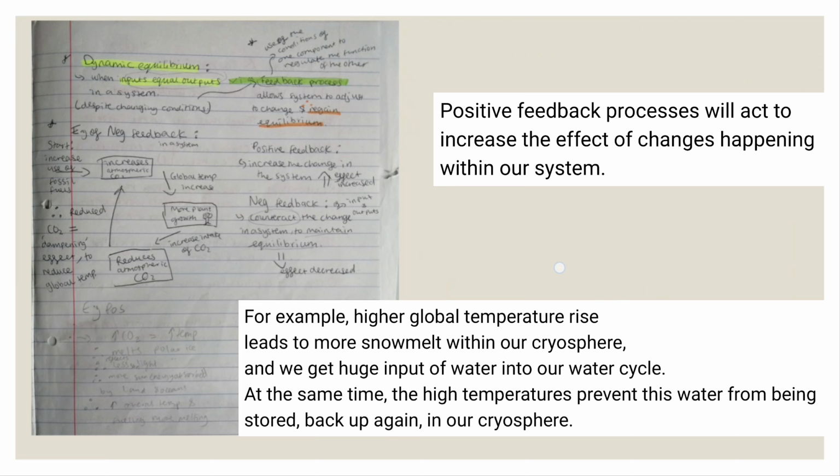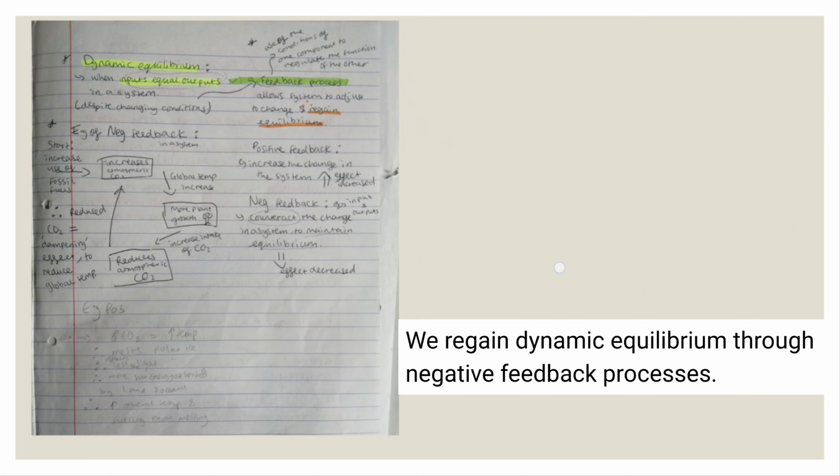And in the meantime, the high global temperature rise will prevent snow from forming and accumulating water within our cryosphere. So our positive feedback makes the effect worse. We do not result to a solution. Only the negative feedback will counteract the effect of our positive feedback to regain equilibrium within our system.